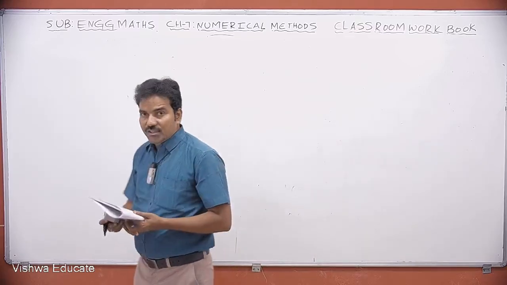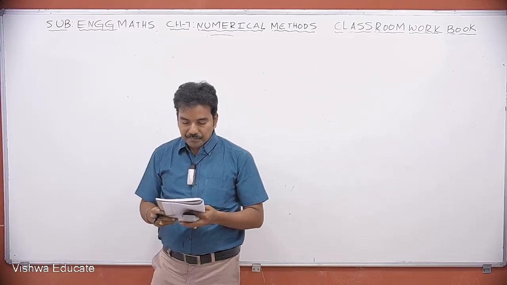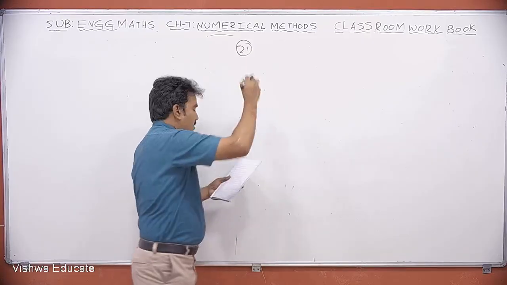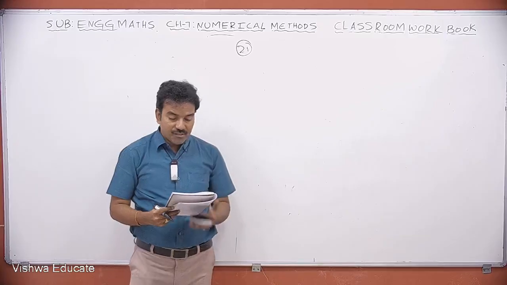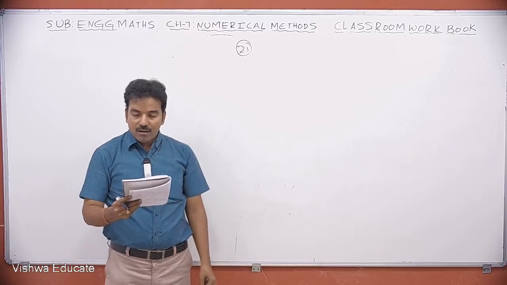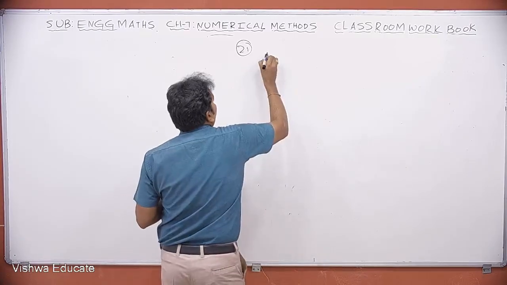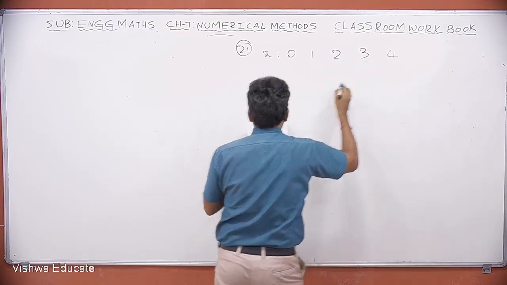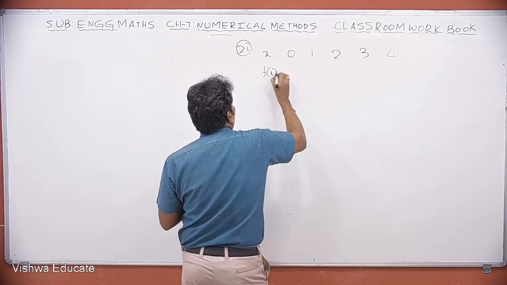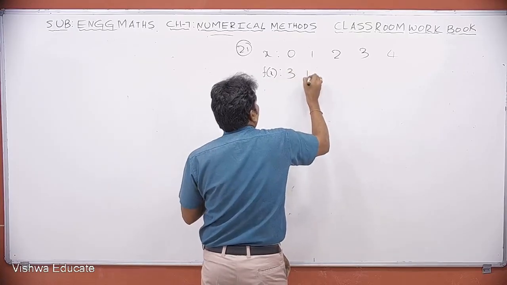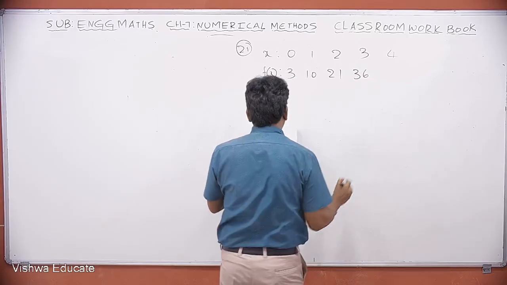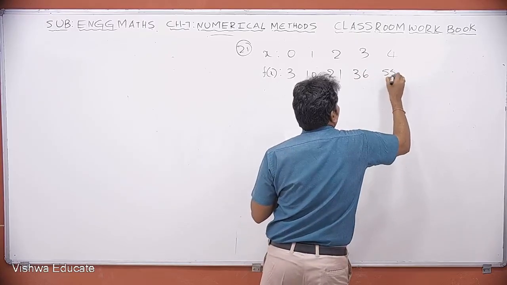Now let us discuss question number 21. Values of f of x in the interval 0 to 4 are given below. X values are 0, 1, 2, 3, 4. F of x values are 3, 10, 21, 36, 55.